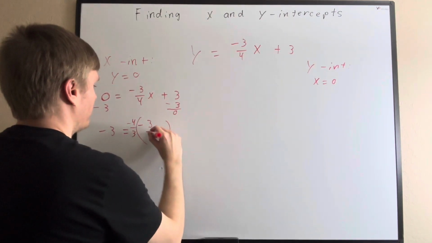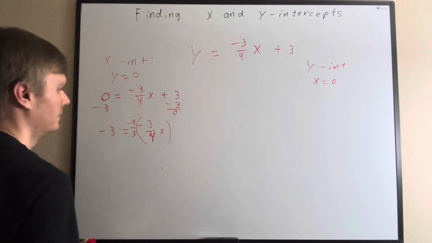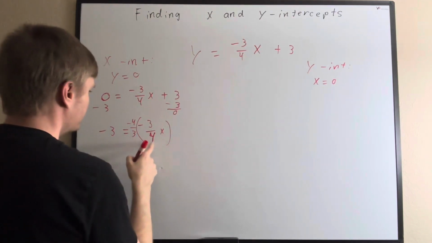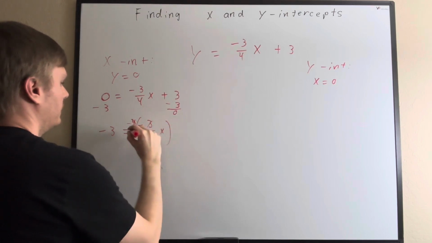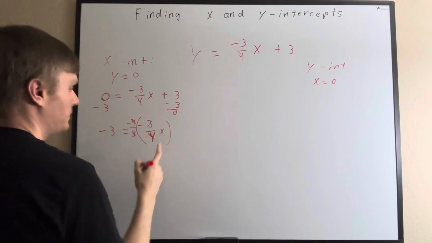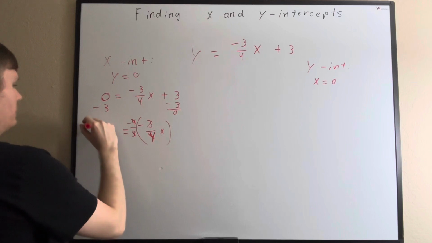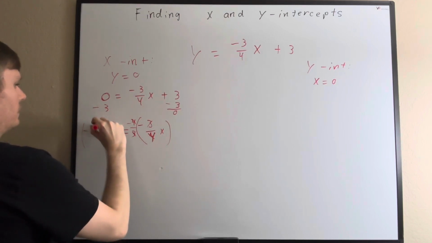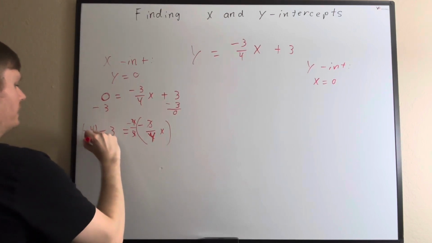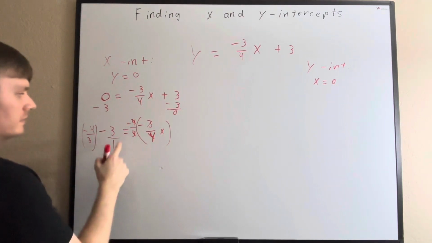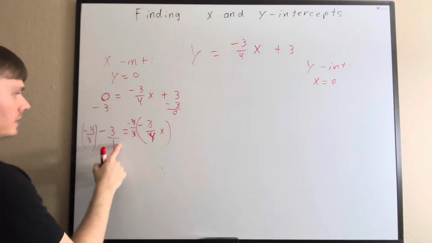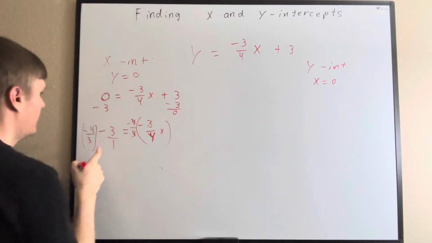That is a 4, not a y. And that cancels out to give you 1, and the double negative gives you a positive. And don't forget, multiply both sides by -4/3. Remember, there's an understood 1. Everything's a fraction.